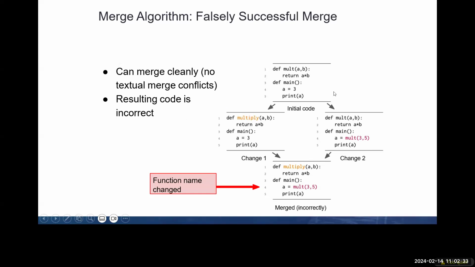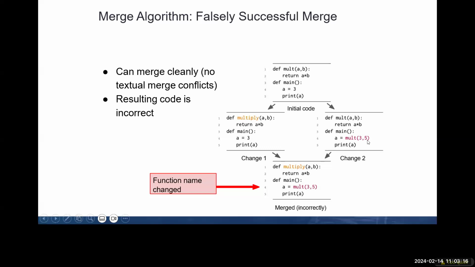Or for example, if this user just finishes updating this line and pushes his code, when the other user checks the main branch to get the latest version of the code, he will find that the value of a is already changed. So he will figure out whether to change it again or keep it as it is. But we will not be facing this issue between the value of a here being 3 and the value of a here being the multiplication of 3 and 5.